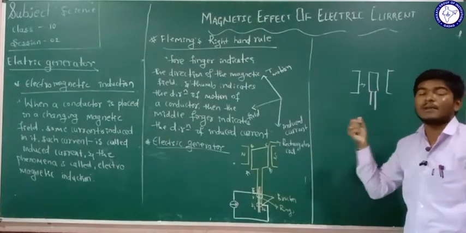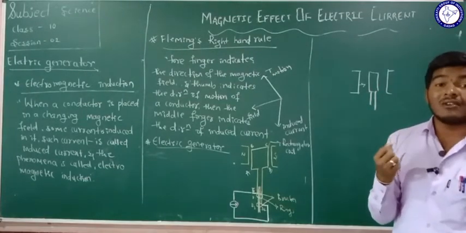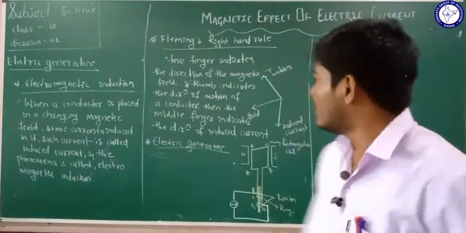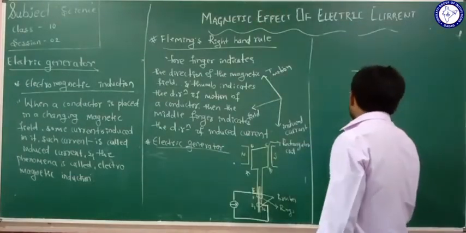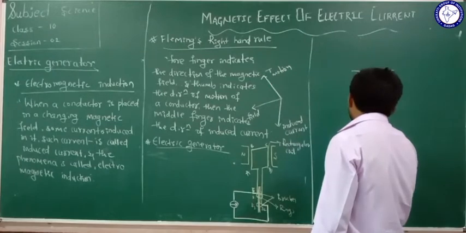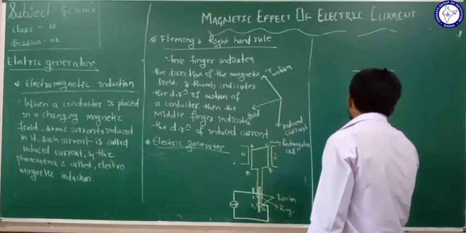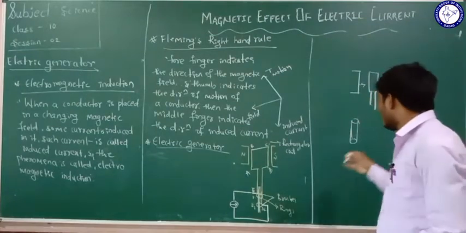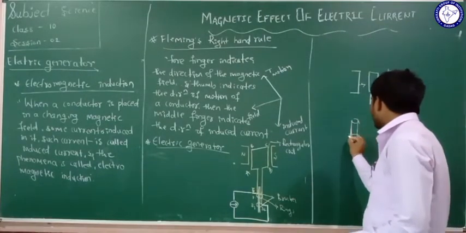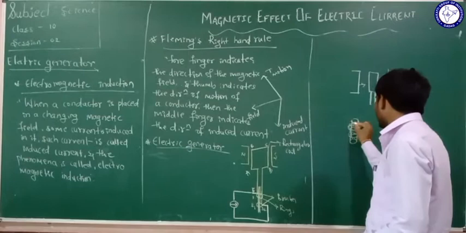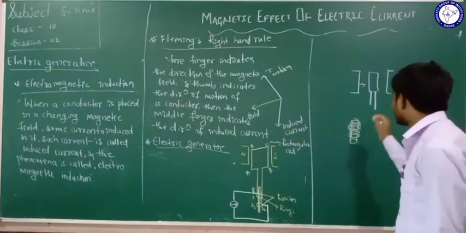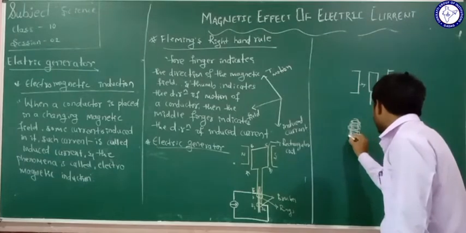Those changes were first observed by Michael Faraday. So now consider one activity here. Take a plastic cylinder-like, pen-like piece, and wind a number of copper rounds on it with copper wire.